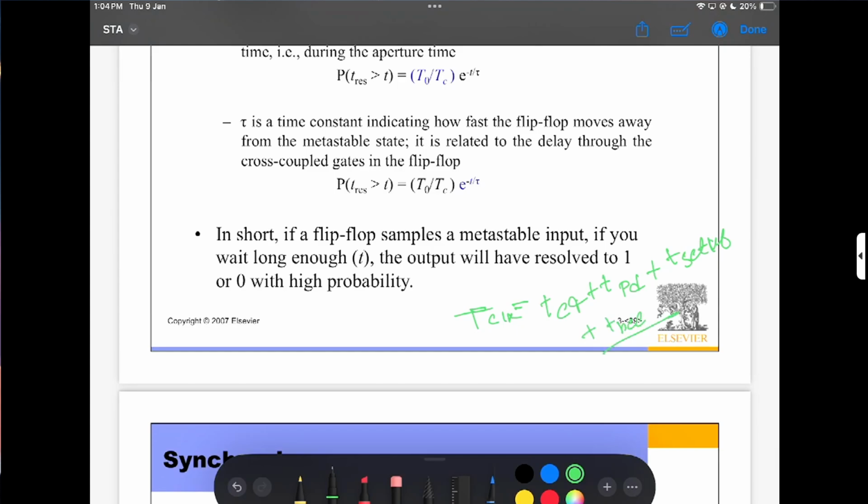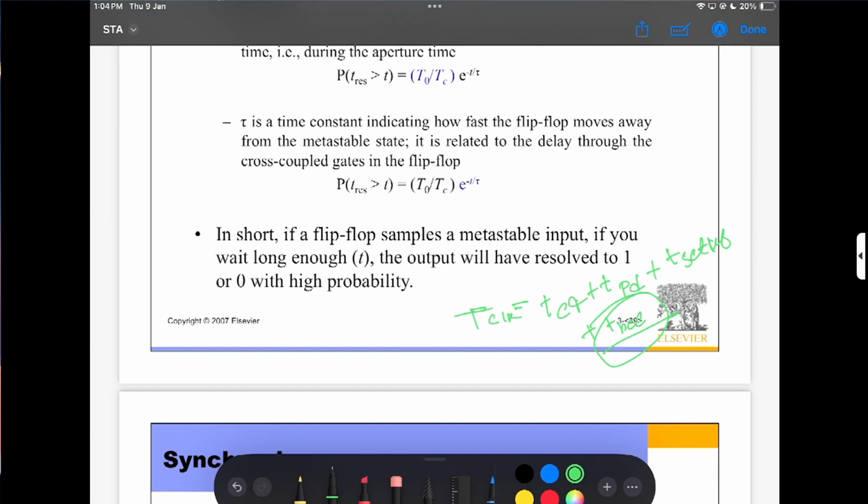As we already said, the flip-flop input D sometimes goes 0 to 1 or 1 to 0, and that condition occurs. So at that time we add a recovery time, which is basically how fast the circuit will recover from the metastable condition, either 1 or 0.